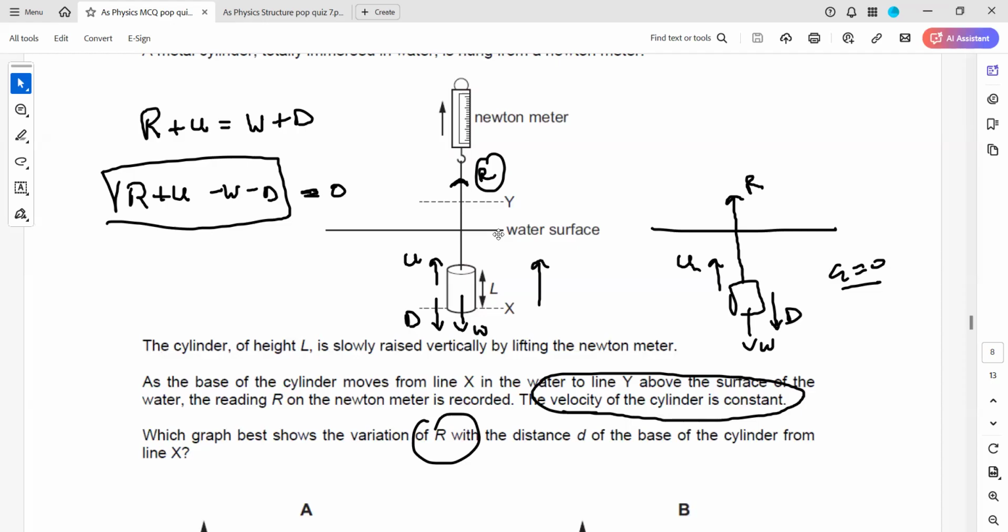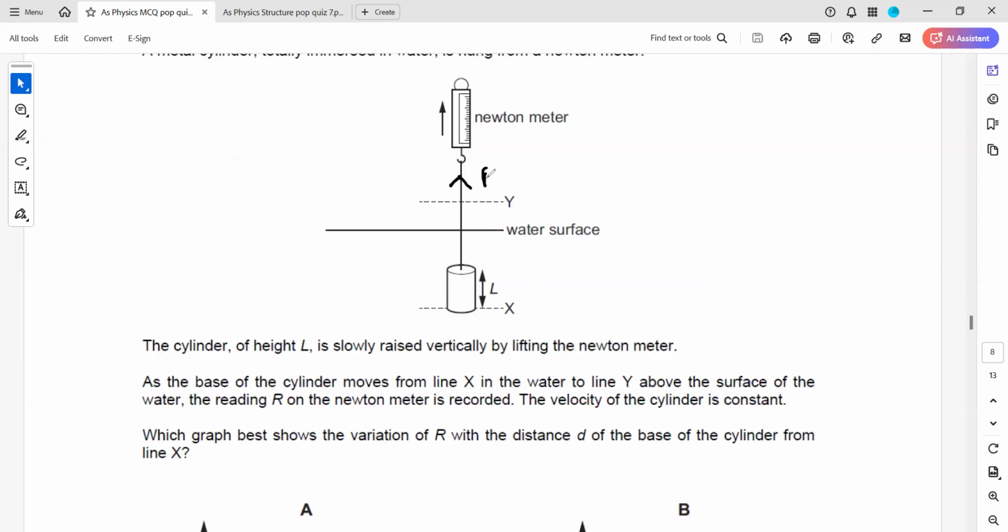Now, upthrust depends on the density. How did I get the formula? The force applied by the Newton meter is R. The weight of this cylinder is acting downward, W. When the cylinder starts to move, because anything moving through a fluid experiences a drag force. And when an object is submerged, or partially submerged, in a fluid, it experiences a force, upthrust.